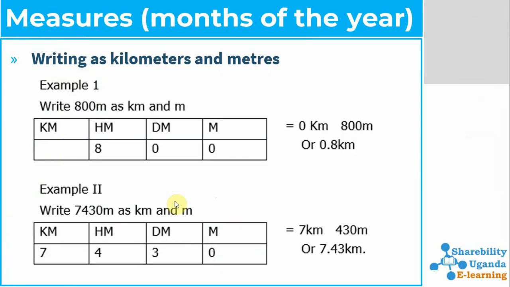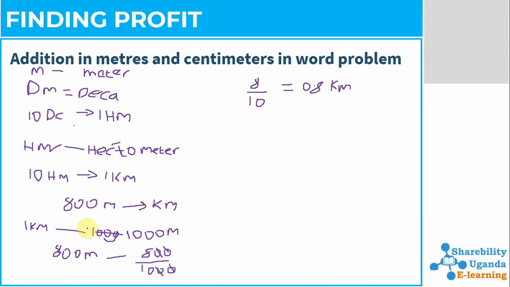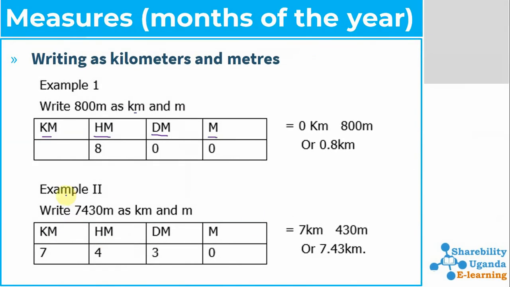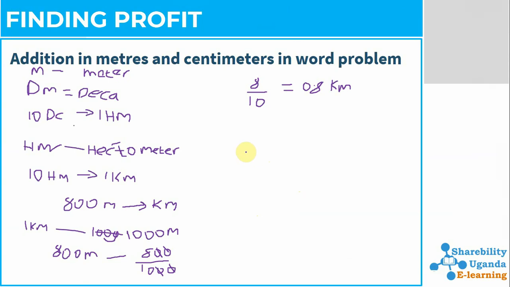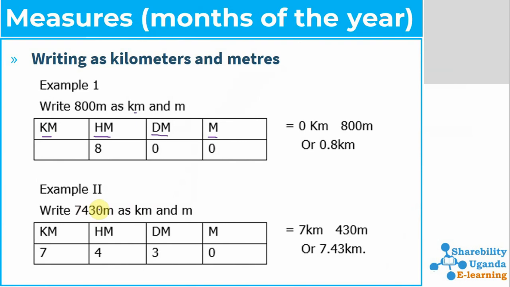They want us to change these meters into kilometers. You can see that they get 7.43 kilometers. This is achievable using this method that we tried.